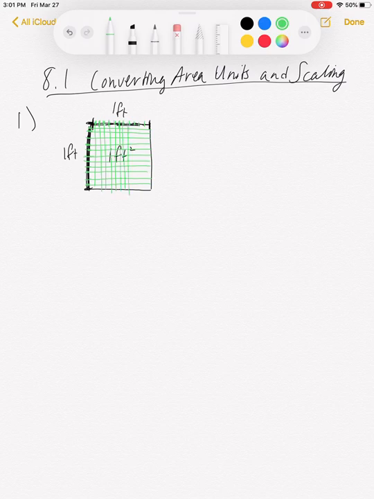I'm prepping for number 2 because we're going to convert area units.